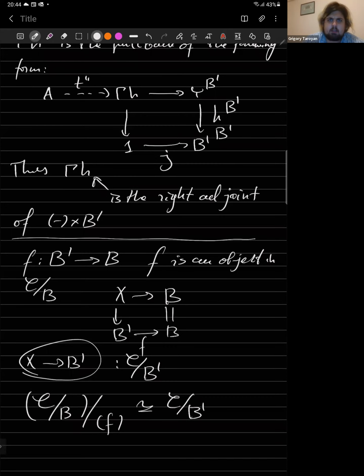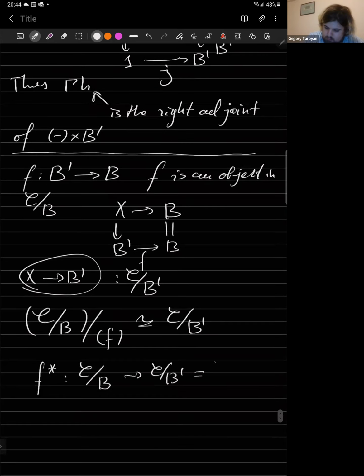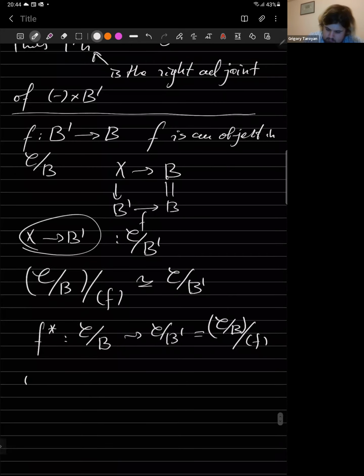And the pullback along F from C over B to C over B prime is then, by the previous observation, just the same as taking the two-fold slice category, and is reduced to the previous case because F now is the terminal object.